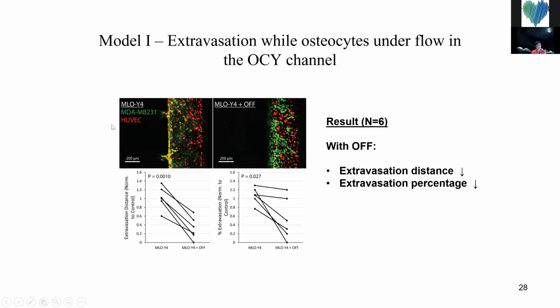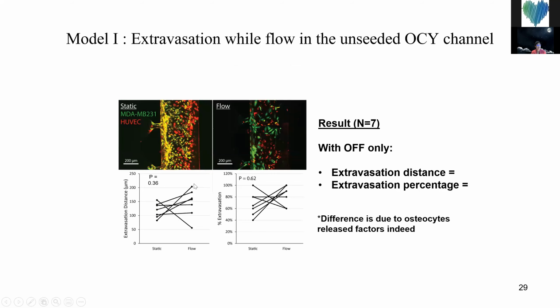So one may wonder whether what we have observed here is actually not caused by any signals released by outside, but simply caused by the mechanical loading application. So we did another control study. Without having outside in the outside channel at all, it's an empty channel, we simply apply flow versus static, and we're trying to see whether that makes a difference.